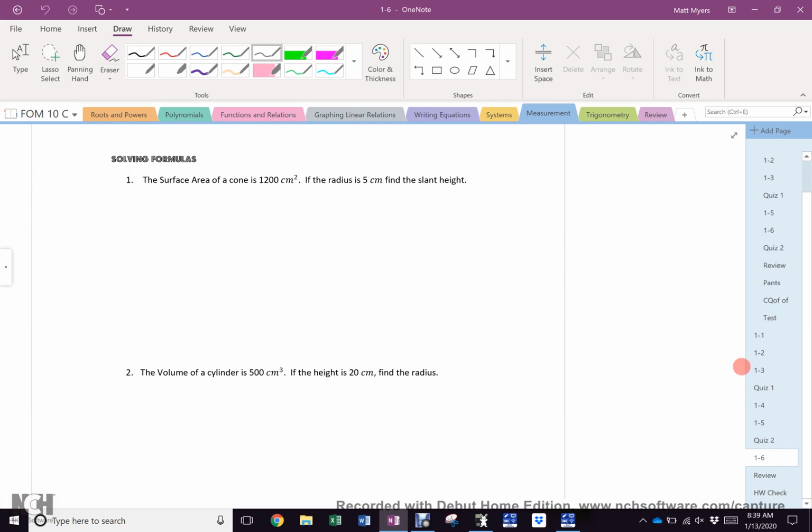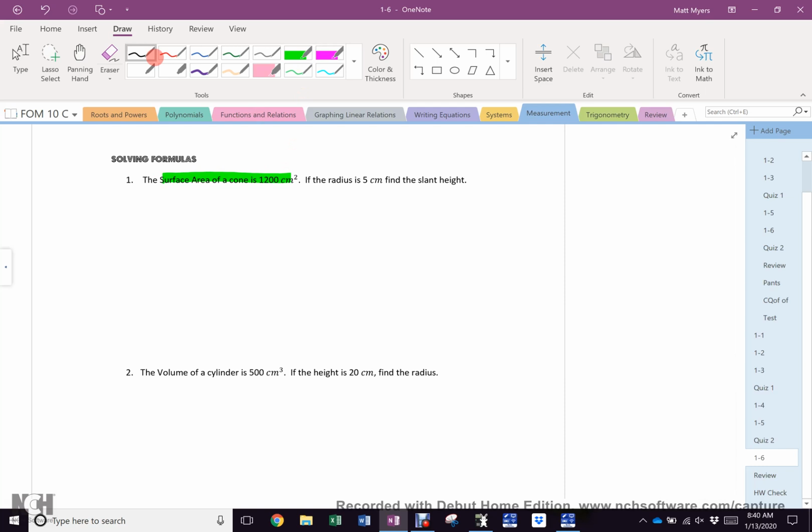When I say we are solving formulas, that means we are going to isolate a variable in the formula. To solve any algebra question, anything with variables, solving means you isolate the variable. There's two ways to do it. First, we're going to write it out. What formula are we using here?